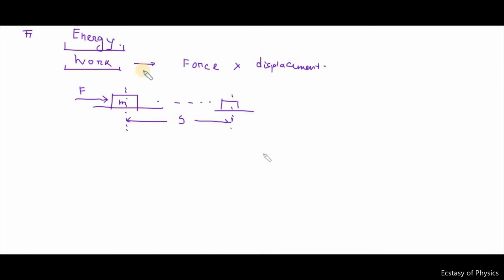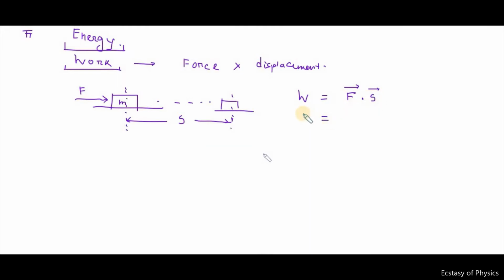Now to define the work done, we can say W is equal to F dot S, where this force and the displacement both are vector quantities. Here we are doing the dot product or scalar product between them.